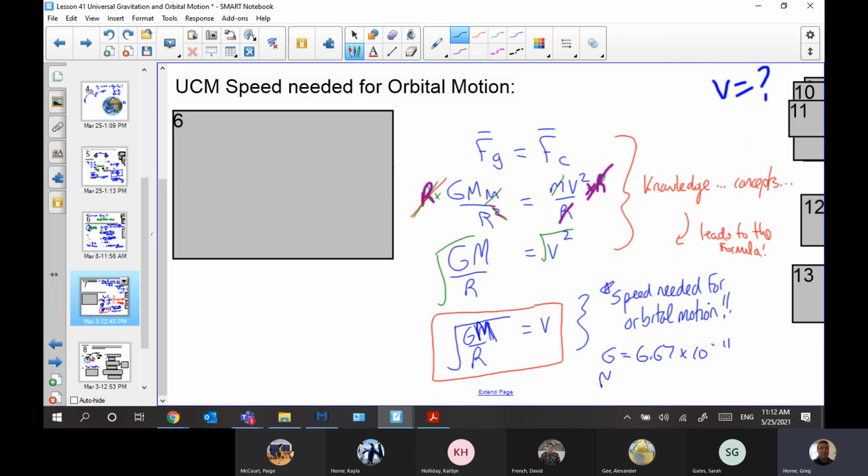M is the mass that has an object orbiting around it, right? So the mass that is attracting the orbiting object.